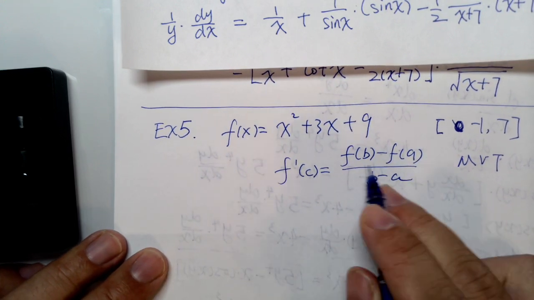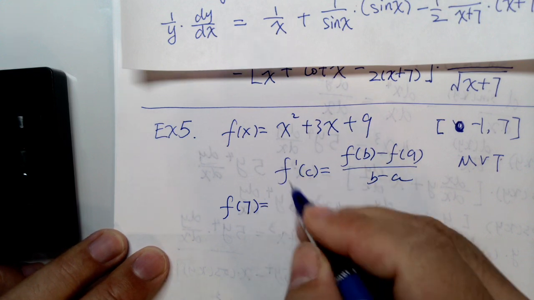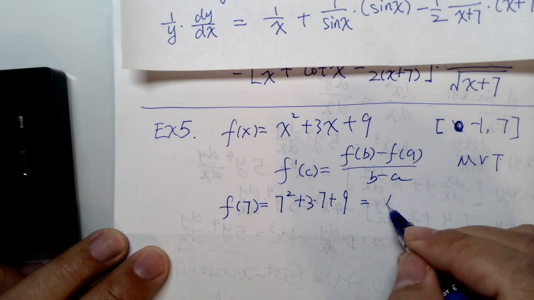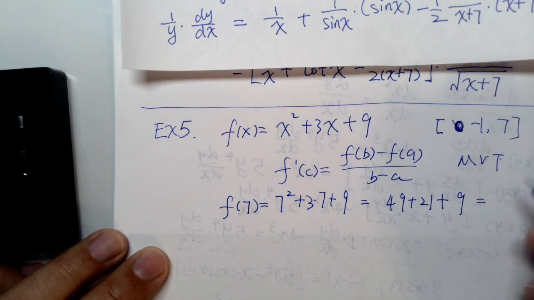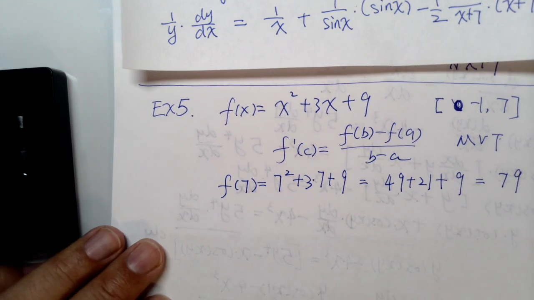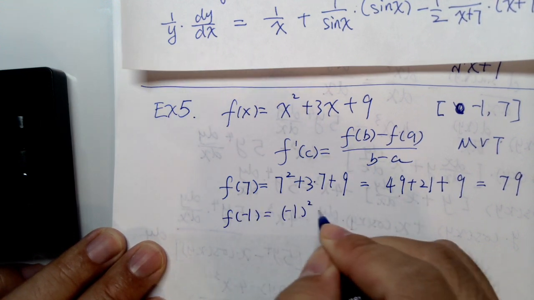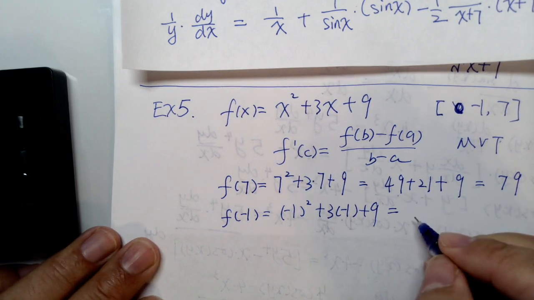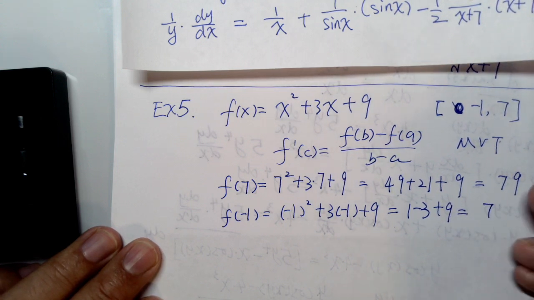We just calculate f of b and f of a. f of 7 is 7 squared plus 3 times 7 plus 9, that is 49 plus 21 plus 9, which gives 79. And f of -1 is -1 squared plus 3 times -1 plus 9, which is 1 minus 3 plus 9, giving 7.